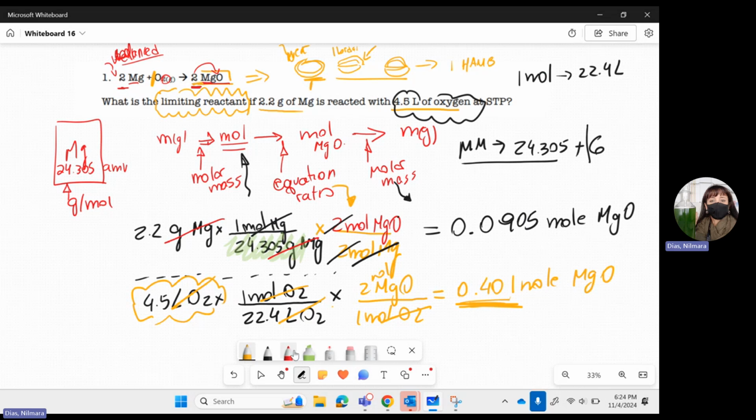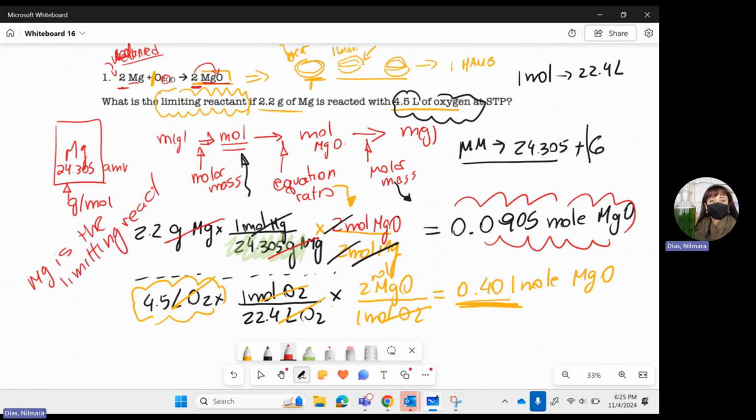So the maximum I will produce is 0.0905. So magnesium is our limiting reactant, okay? And the oxygen is the excess, okay? That's it. That's all.